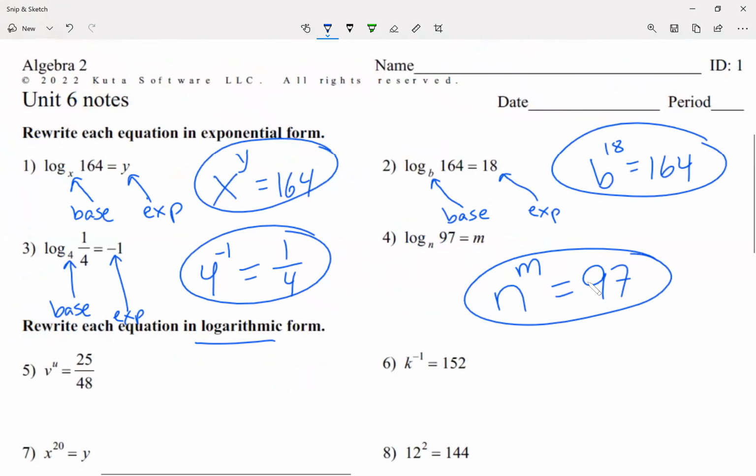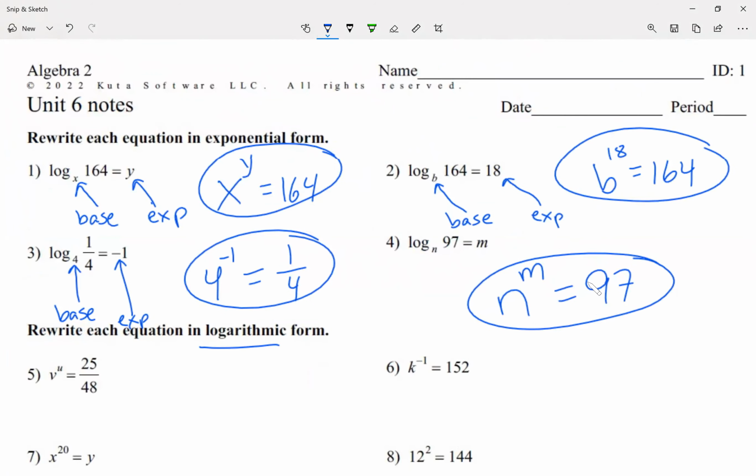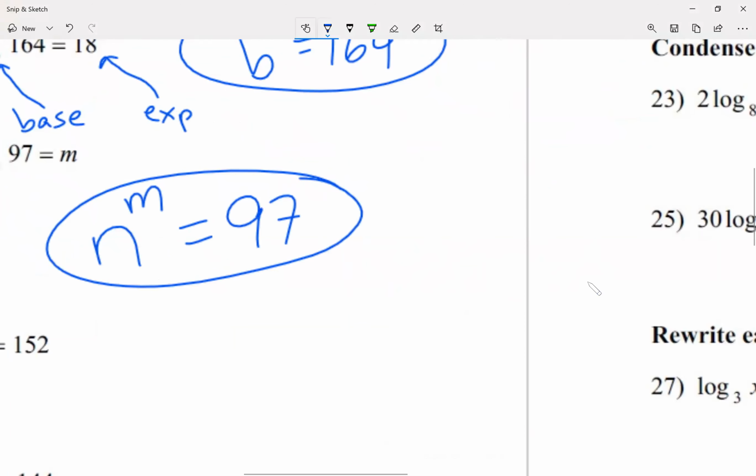So that's the first part, writing from logs to exponents. And if I don't write anything for the base, remember, it's 10. Now there is a special log. We call it natural log, but we're going to spell that as ln. Let's say ln of x equals 3.